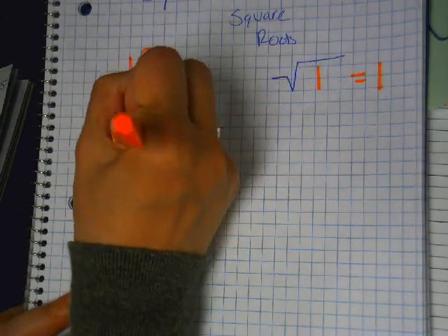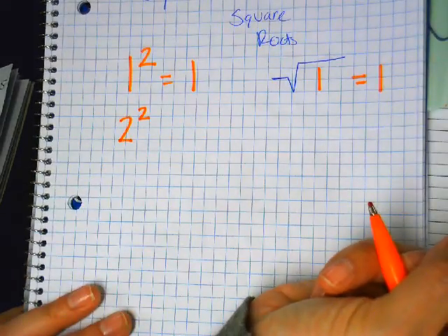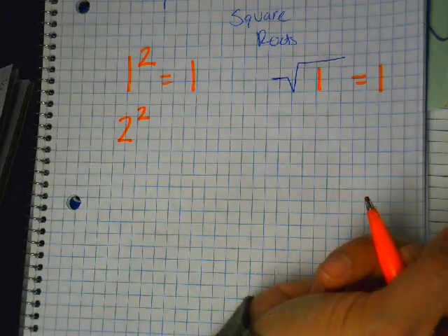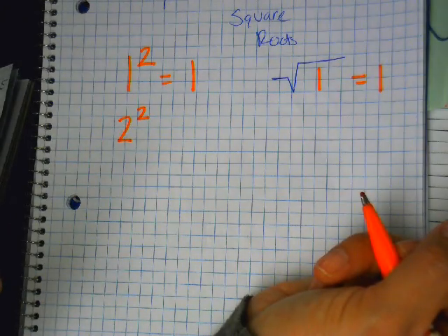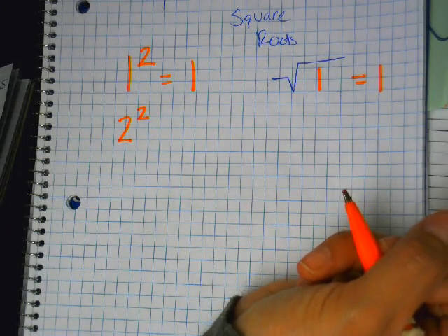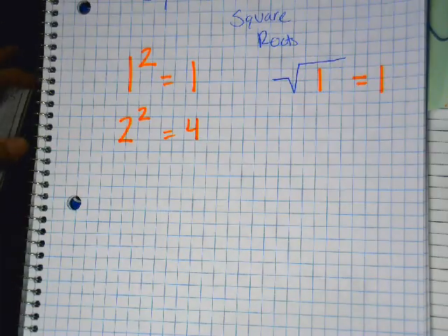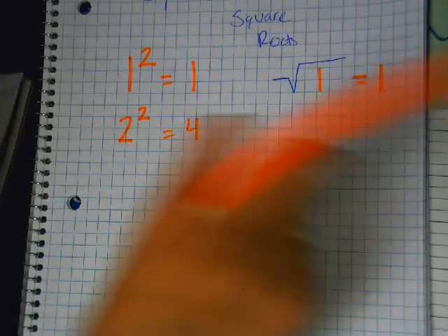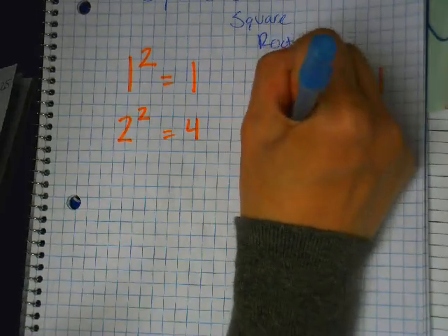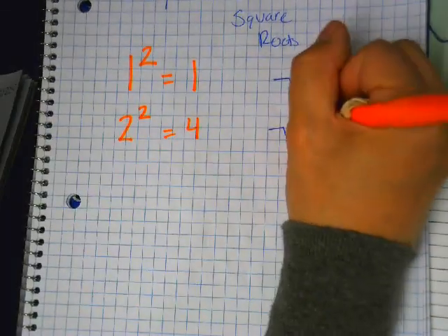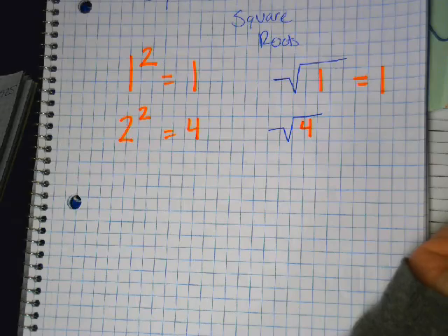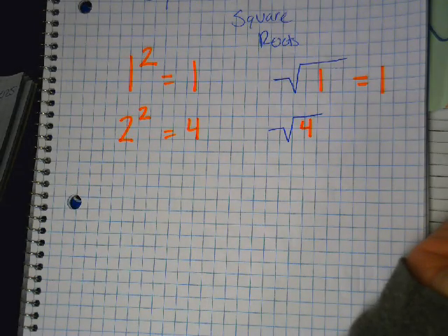What's 2 squared? What's 2 times 2? 4. 2 squared is 2 times 2. So then we're asking, what's the square root of 4? Is it 2? It is 2.